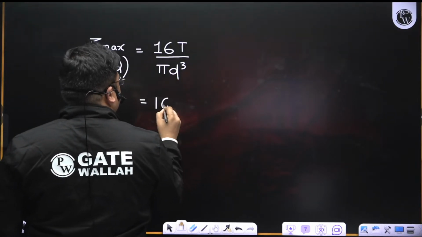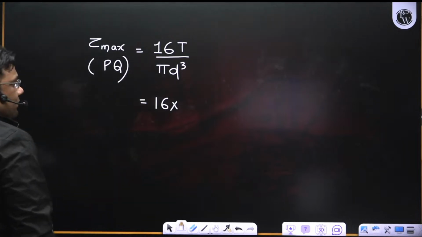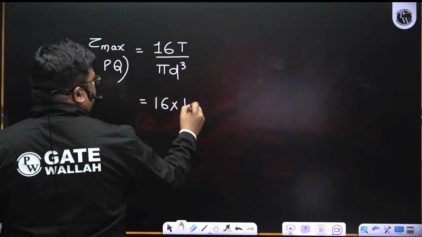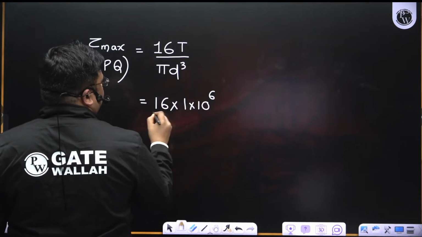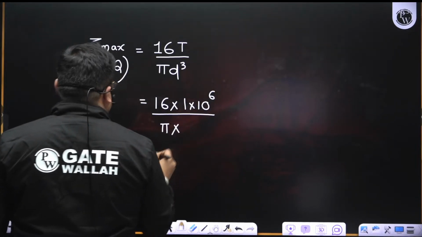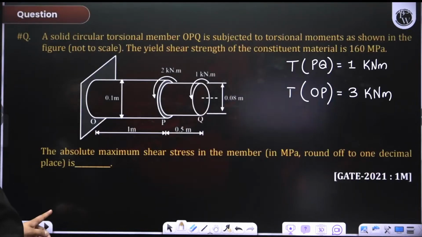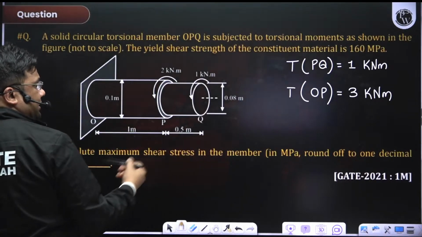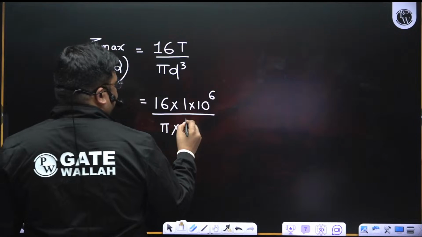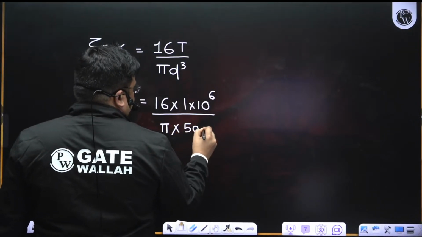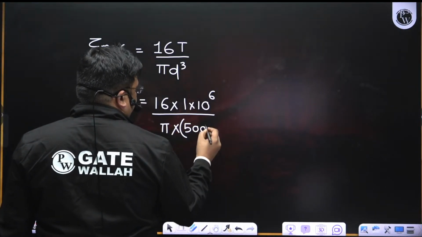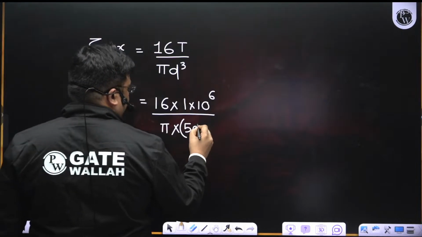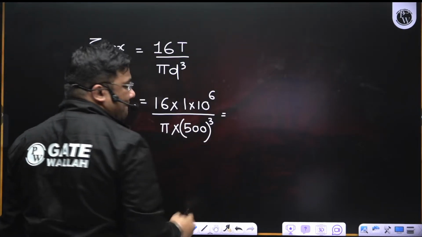So it will be 16 into T, which is 1, converted into Newton mm, so 1 into 10 to the power 6, divided by pi into D, which is 0.5 meter. I'll convert into mm because it is asked in MPa. So 0.5 meter into 1000 mm. So I'll find this value.